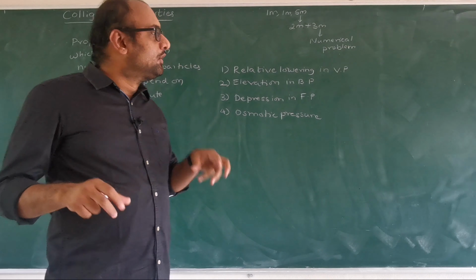Now, if you consider dilute solutions, there are mainly two types of solutions based on concentration. One is dilute solution, the other one is concentrated solution. Dilute solution means in these solutions, the concentration of solute will be extremely low.